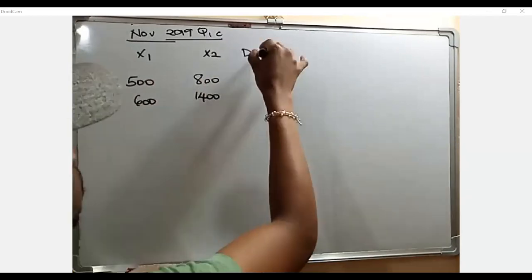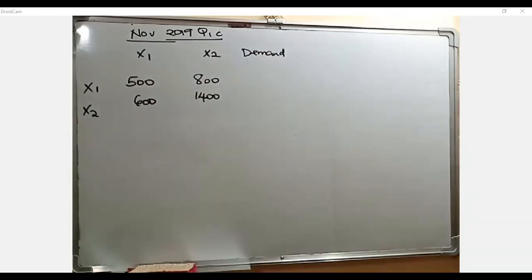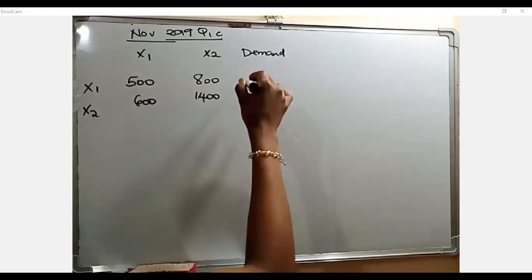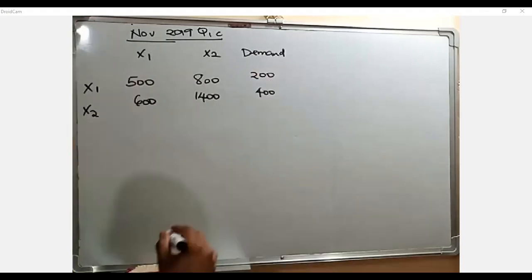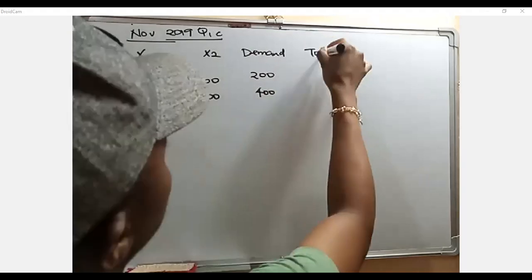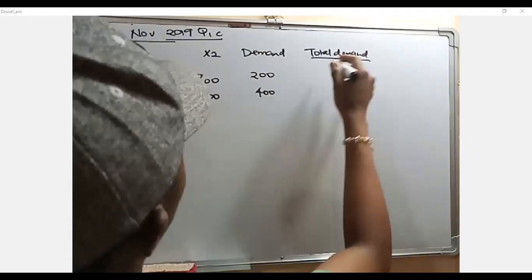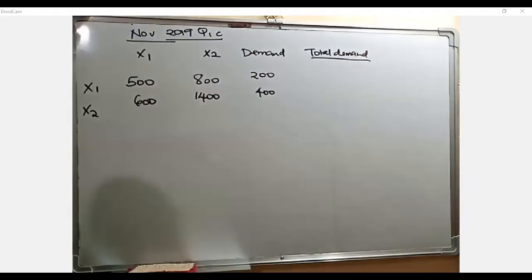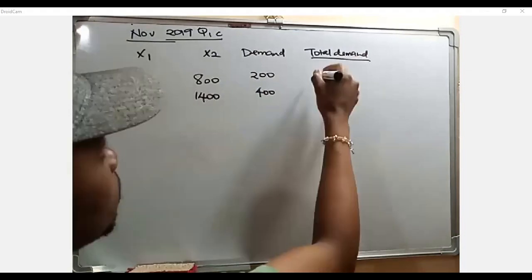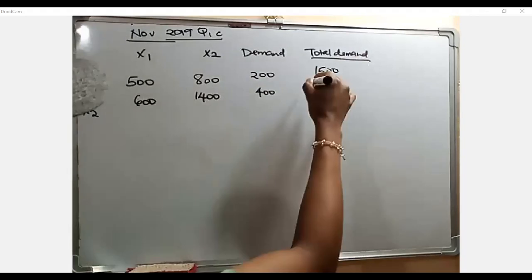Sometimes the examiner gives you the final demand, which is 200 and 400. Then calculate your total demand by adding. The first one should be 1500, the second one should be 2400.